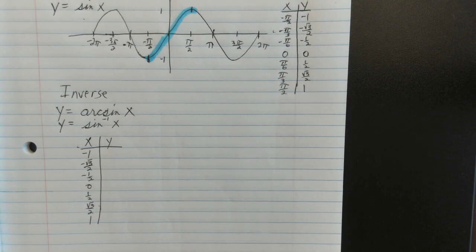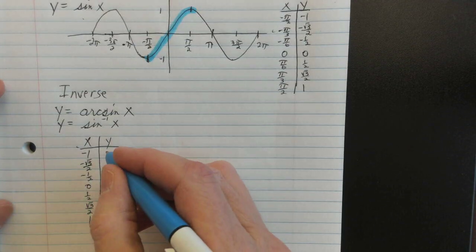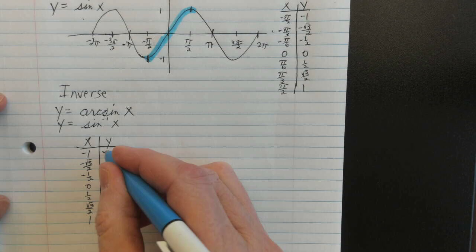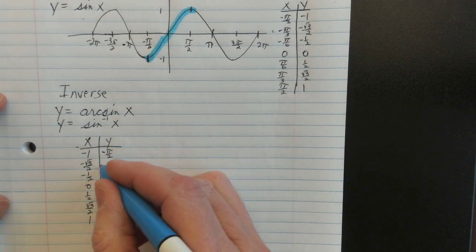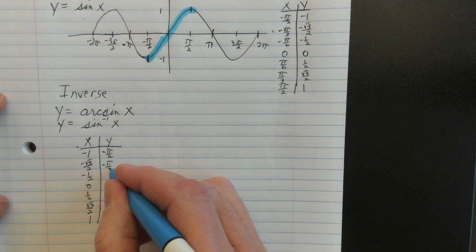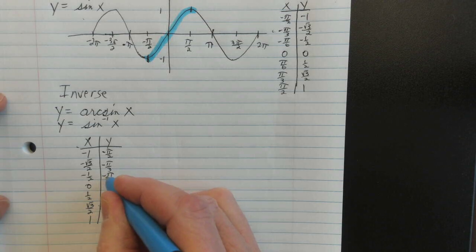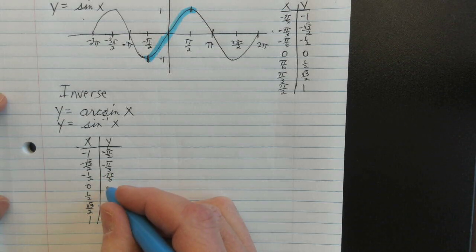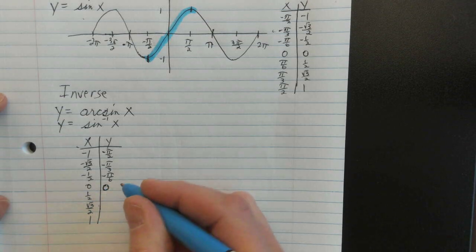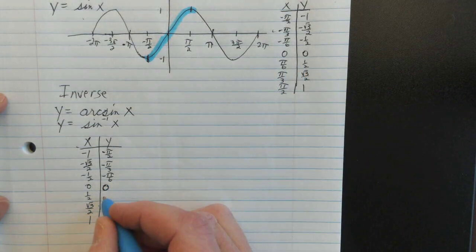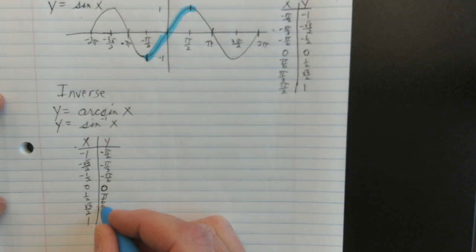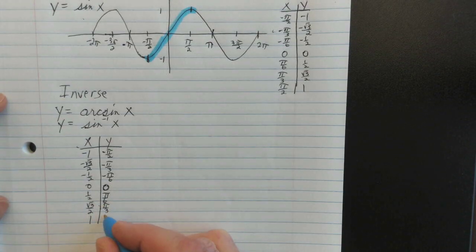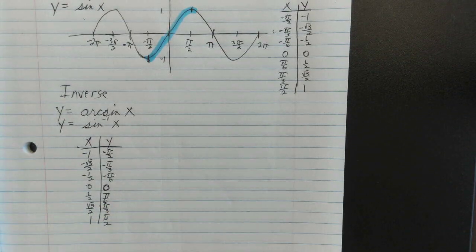We got the inverse. All right, so that's negative pi over 2, negative pi over 3, negative pi over 6, 0, pi over 6, pi over 3, pi over 2.